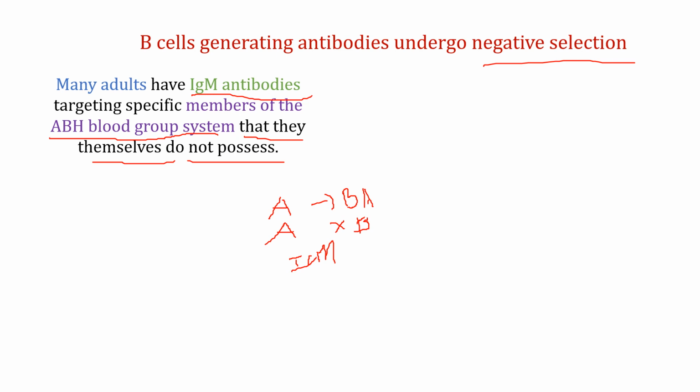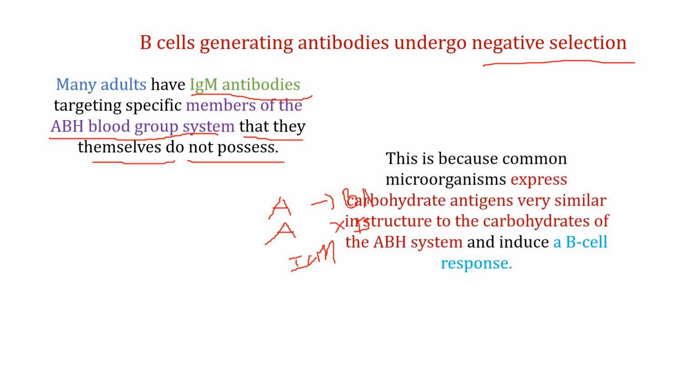This is because common microorganisms express carbohydrate antigens very similar in structure to the carbohydrates of the ABO system and induce the B cell response. Here we also take an example. For an individual with blood type A, like Sarah, B-like epitopes on microorganisms are recognized. Suppose, like the blood type B antigen, similar antigens are also expressed on the microorganism cell membrane, and the body produces antibody to the B-like epitope.